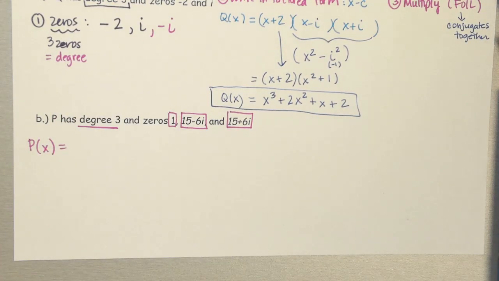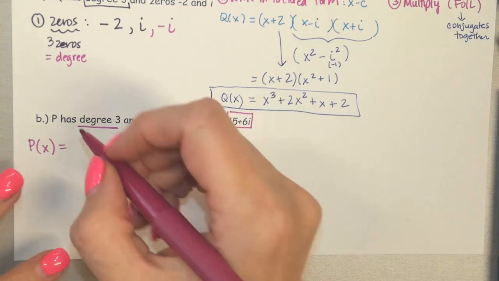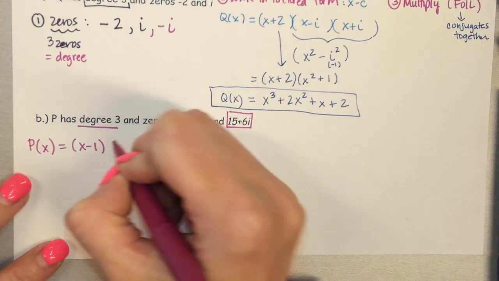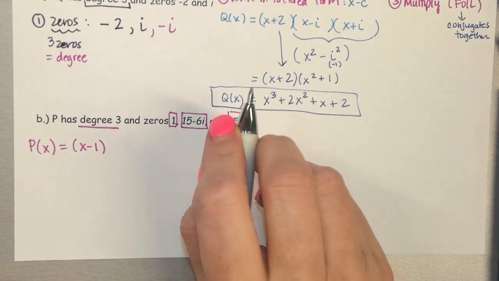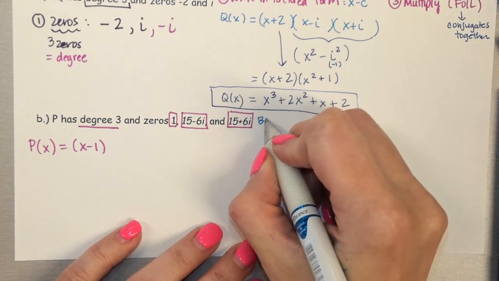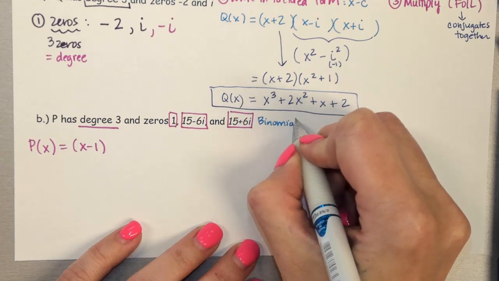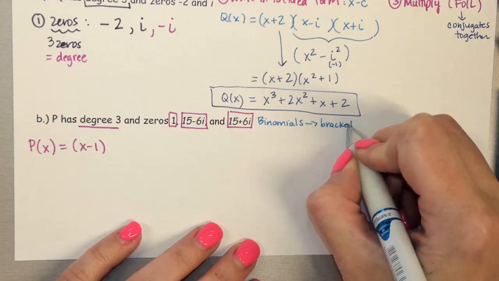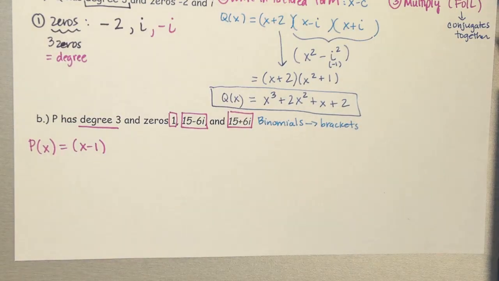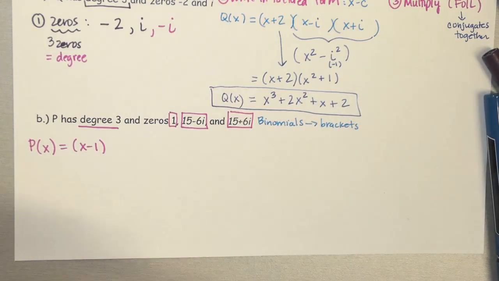Okay, so we're going to write x minus 1 as our first factor. Okay, and then because these are binomials, we didn't have any binomials in the first one, but here you have binomials. If you have a binomial, those get brackets. Okay, and then I'm just going to go over this part slowly at first.